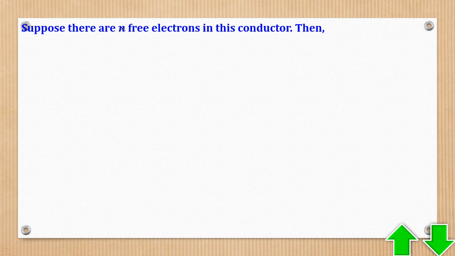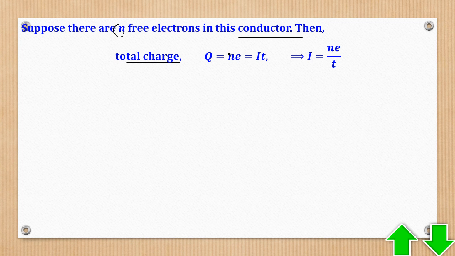So suppose that there are n free electrons in this conductor. It implies that the total charge is equal to Ne, where e is the electronic charge. But it's also equal to I t, where I is the current, t is the time taken. So making I the subject, I come up with Ne over t.